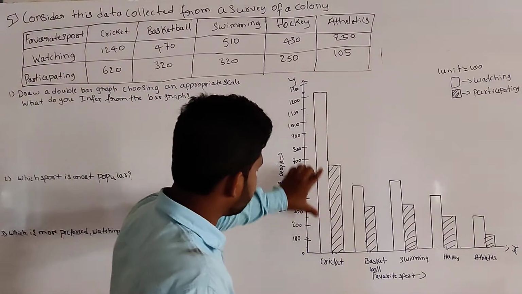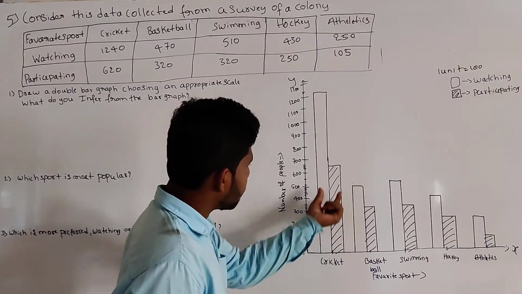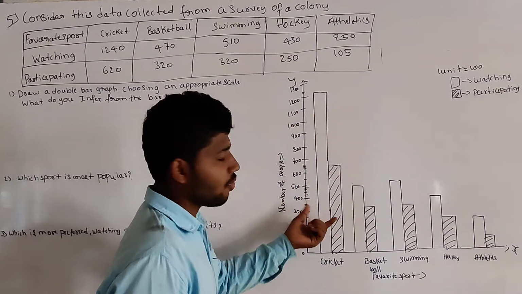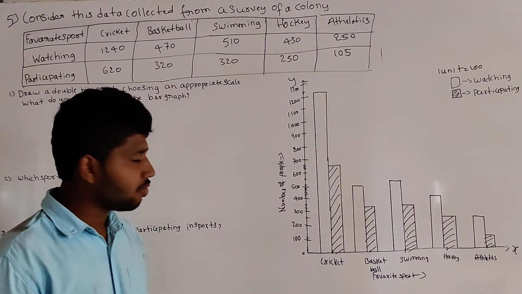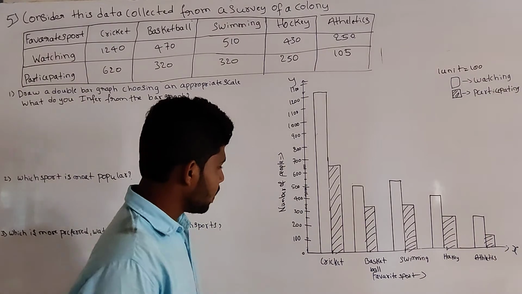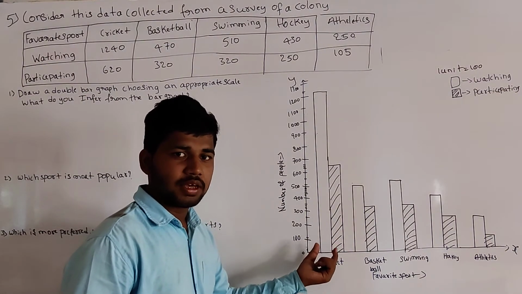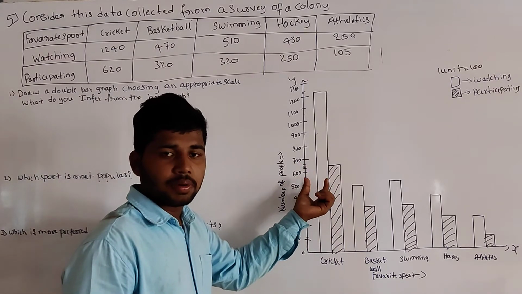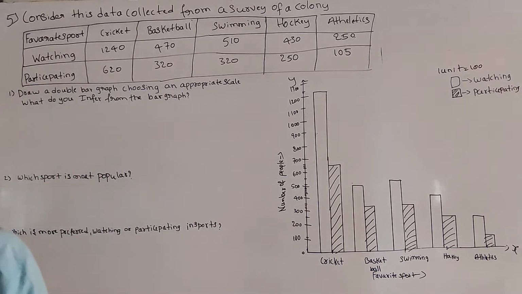For example, the number of people watching cricket, and the number of participating people is half of the watching people.